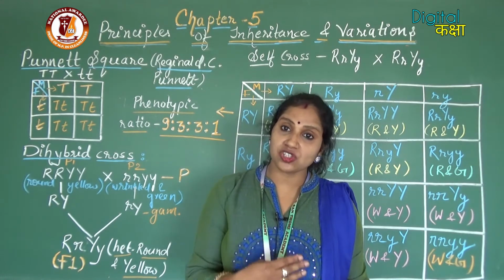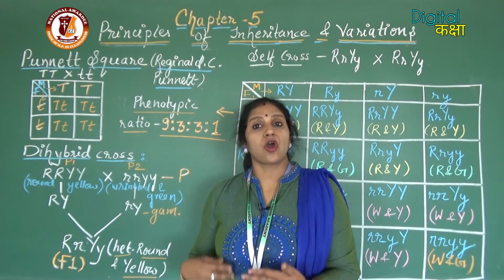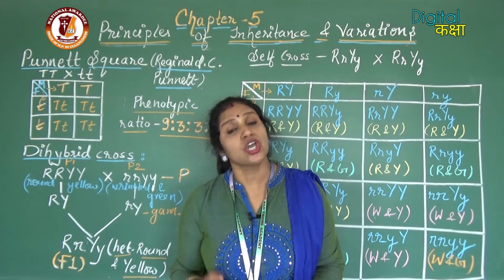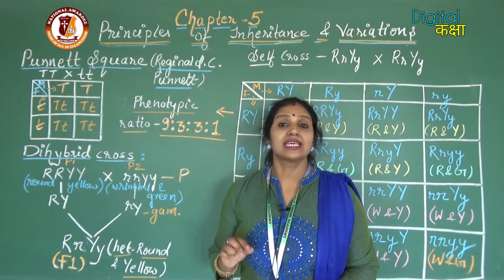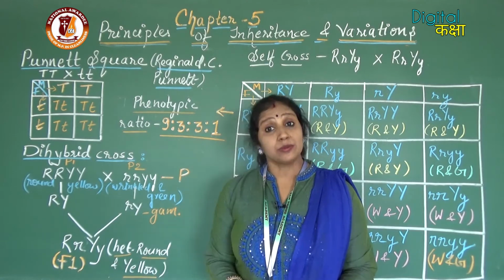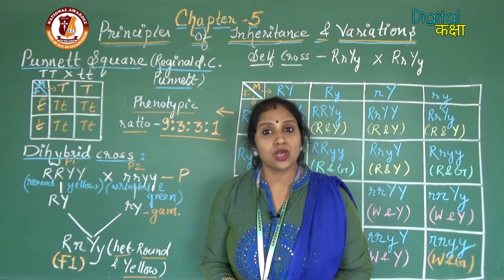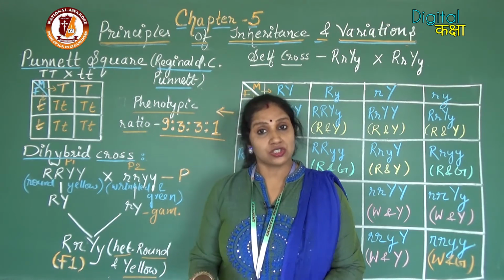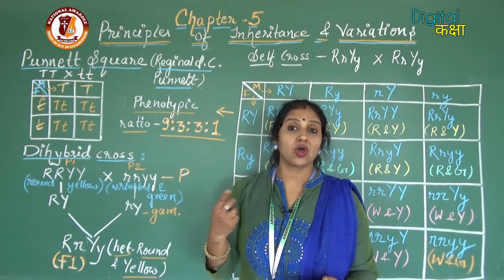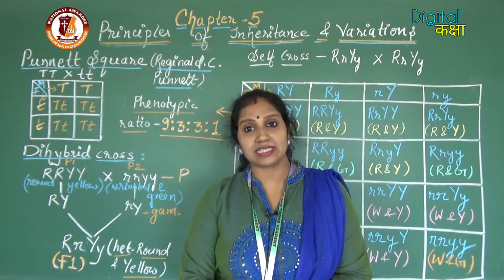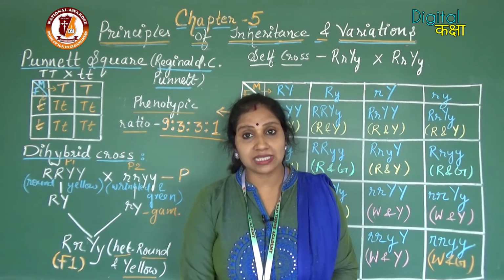In the monohybrid cross, we took only one character, and that was the height of the plant. So one character was there, so 2 alleles were there, that is tall and dwarf, and we crossed that. But here in the dihybrid cross, we will be taking 2 characters at a time.